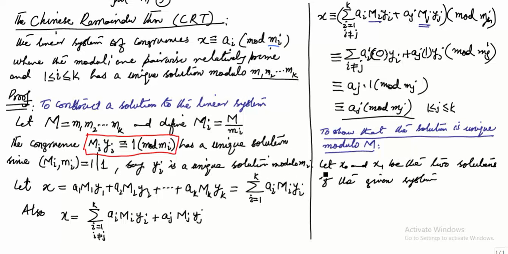It means we have to show that the two solutions are congruent, that x null is congruent to x1 modulo m, or x1 is congruent to x null modulo m.